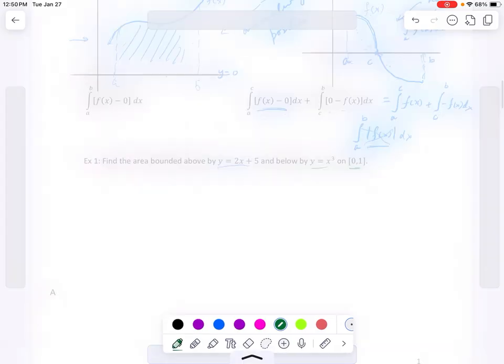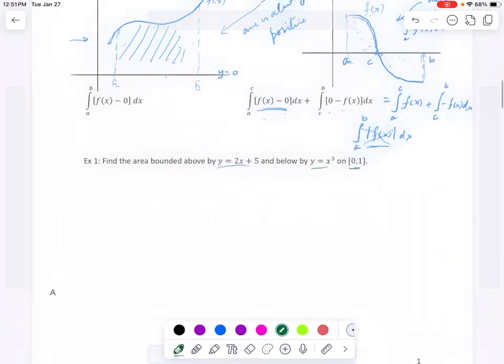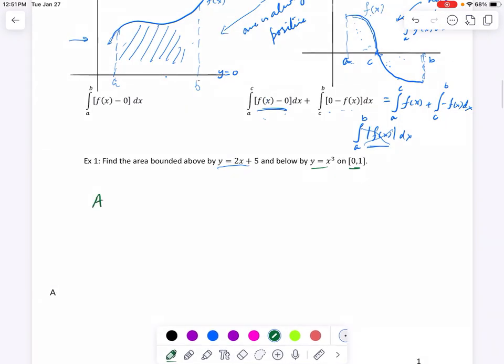So we say A is equal to the integral. Where do I begin? 0. Where does it end? At 1. And then here, which one is above? 2x plus 5. And then which one is below?